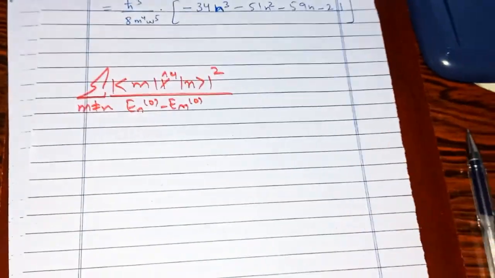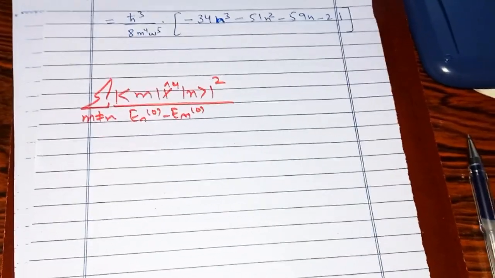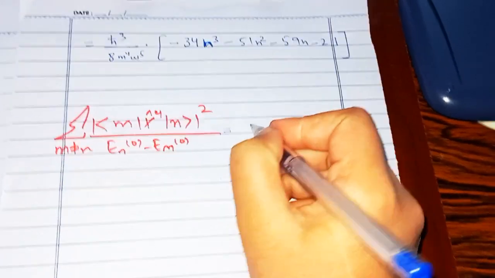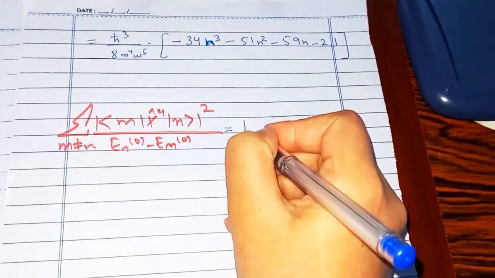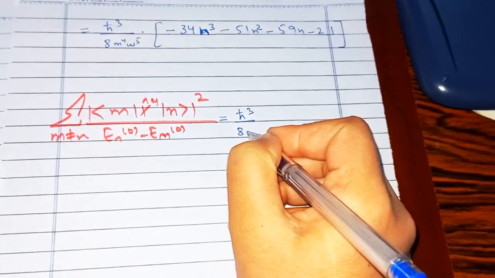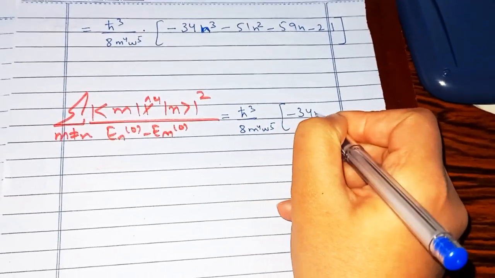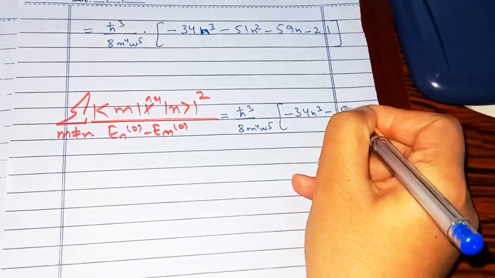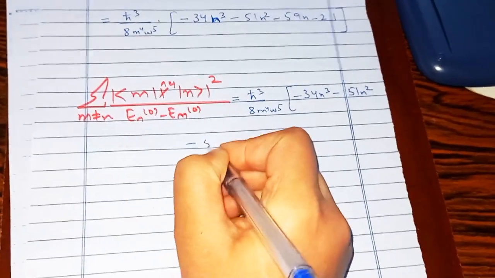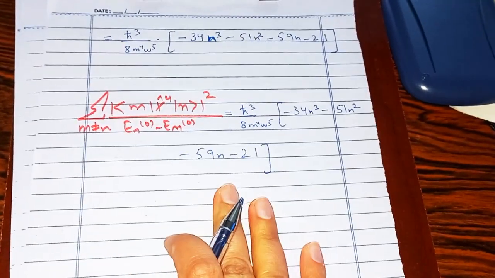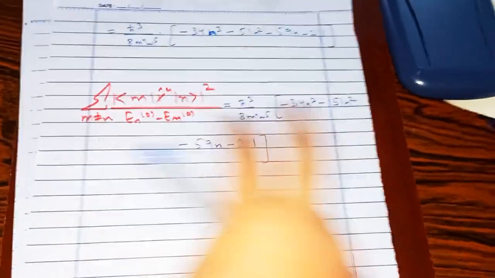So that is the expression that we successfully got, and it is equal to ħ cube by 8 m⁴ω⁵ times minus 34n cube minus 51n square minus 59n minus 21. So that is the result that we got for this summation.